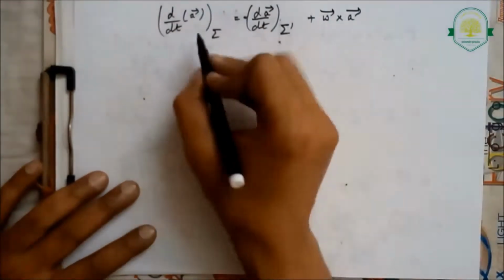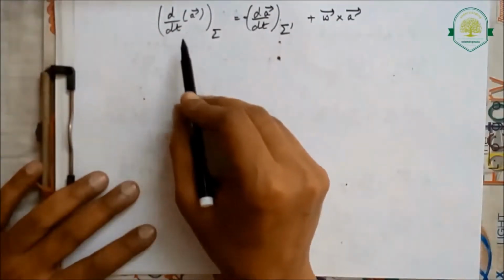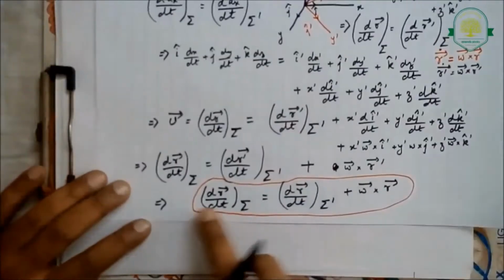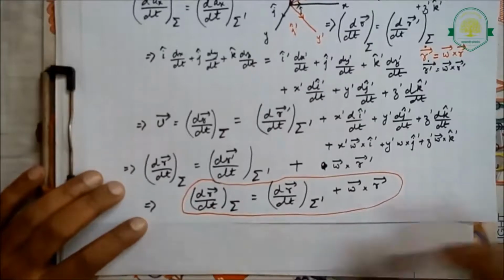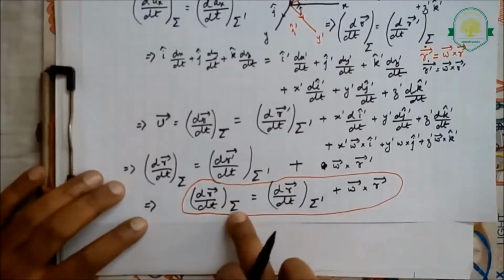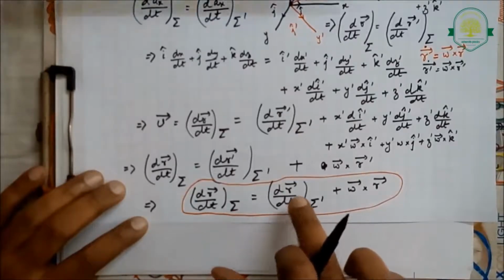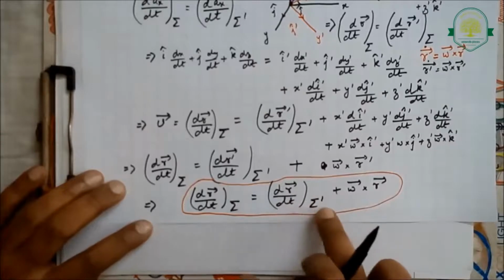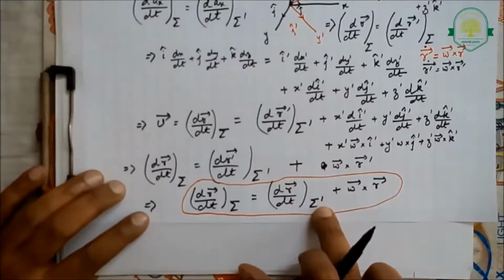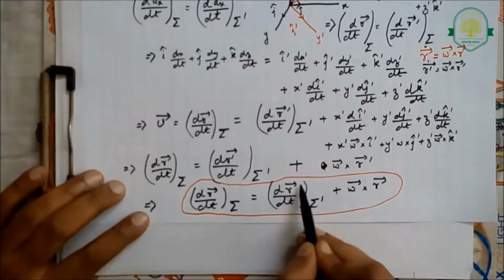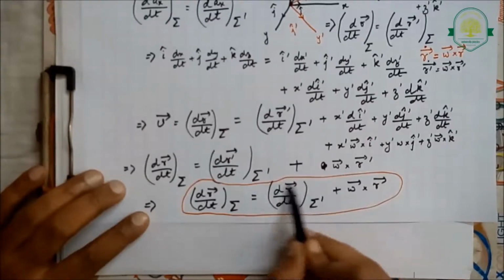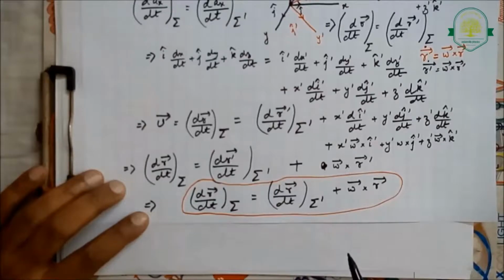Now, the last equation can also be written in the following way: dr over dt, as done in the unprimed frame of reference, is just the velocity vector in the unprimed frame of reference or the ground frame of reference, and dr over dt as done in the primed frame of reference, r being equal to r prime, can be written as the velocity vector in the rotating frame of reference.